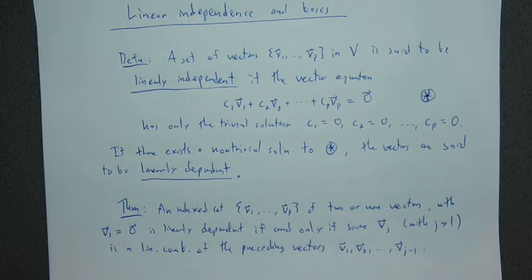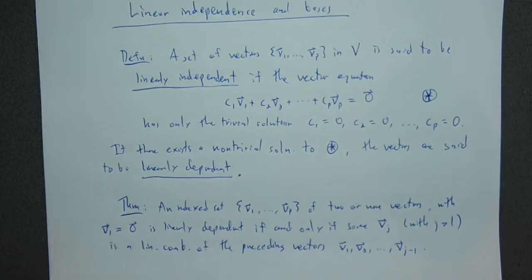Okay, so the idea here, what is the thing? You're looking at this and you're saying, I've seen all of this before. What's the difference? The difference is I could be talking about vectors here that are not vectors in the usual sense. They're not immediately given to you as n-tuples, some vector with n entries, like in Rn.